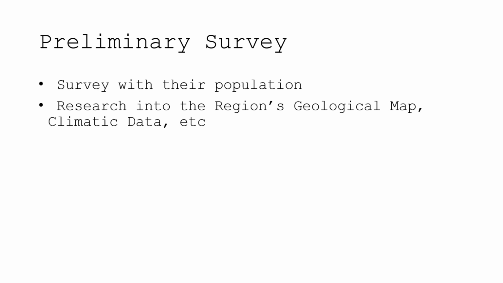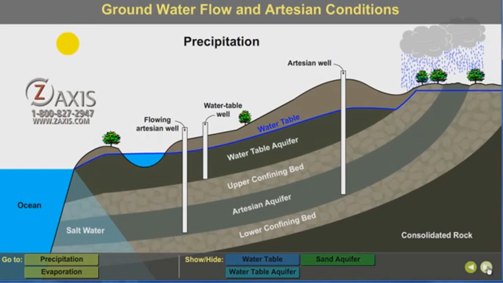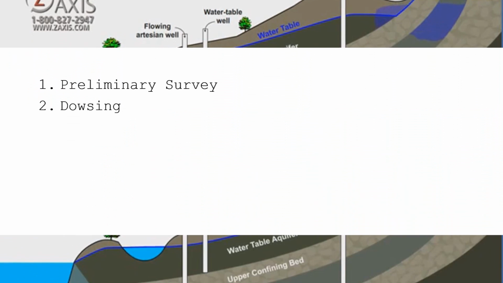Preliminary survey. It is highly advisable for phreatic layer investigators, especially if they are not from the region concerned, to carry out preliminary surveys in order to collect information which can give them precious data on the places where there is a likelihood of finding water.